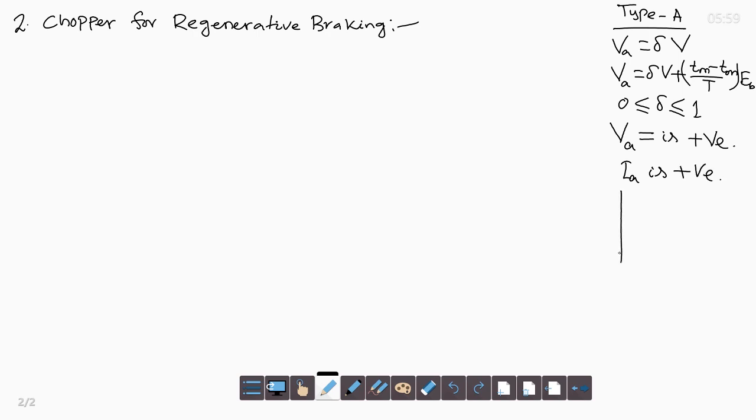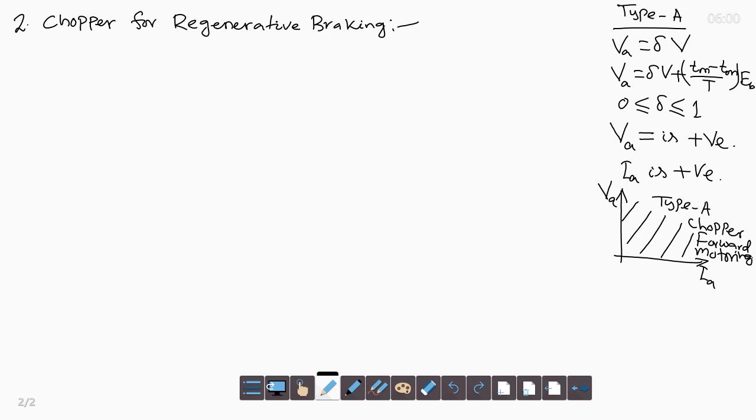So we have operation in the VA IA plane where both VA and IA are positive. It is for the first quadrant in type A chopper. That means you can have only forward motoring.